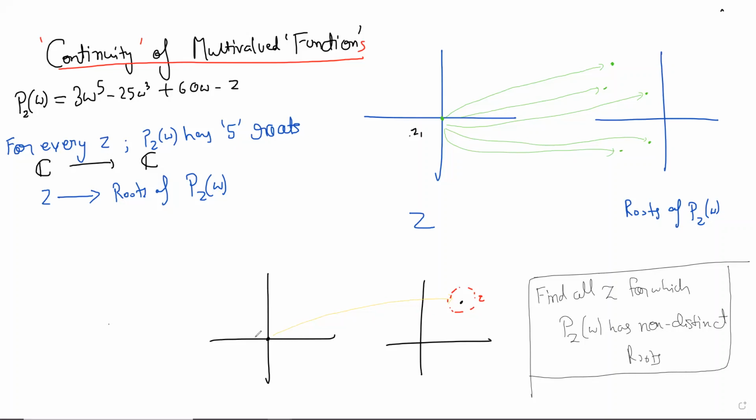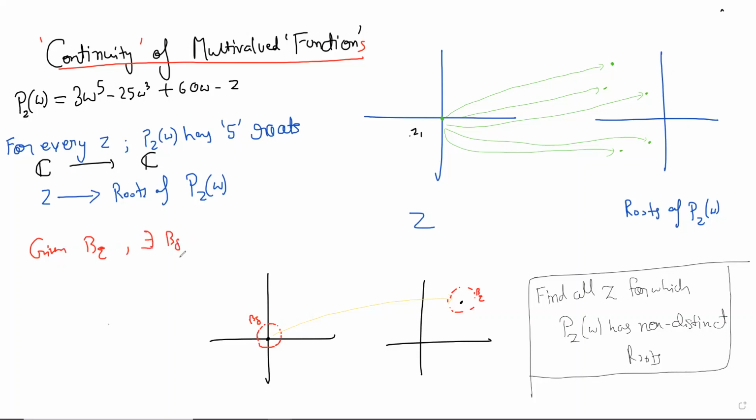It may need to be very small, right? So this is the delta ball, and this is the epsilon ball. So given an epsilon ball, there exists a delta ball.